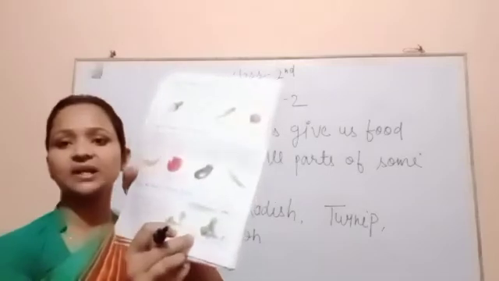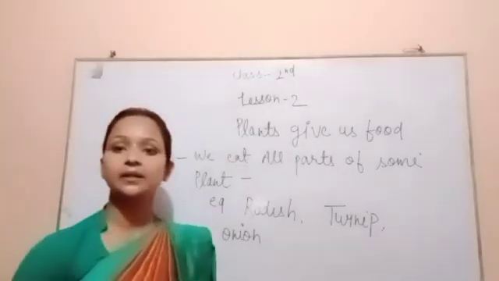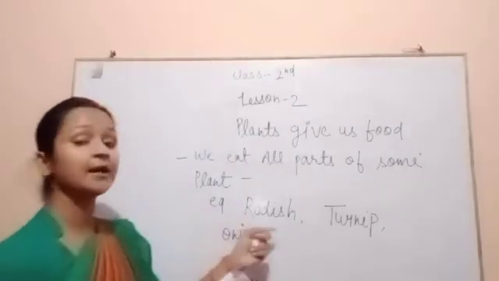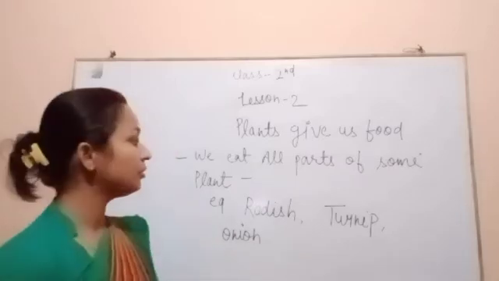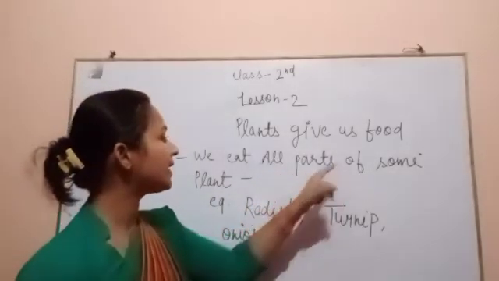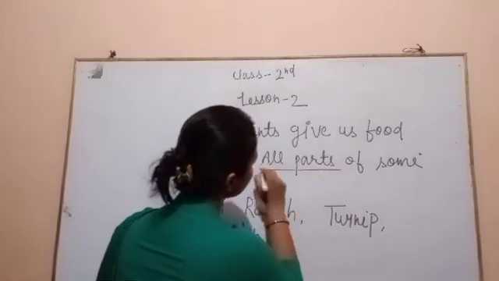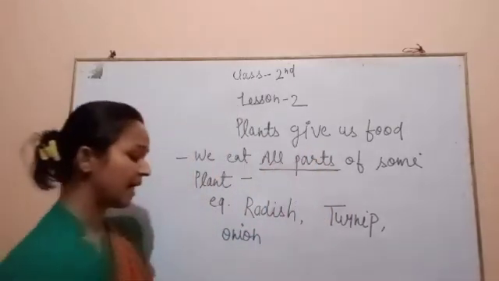It is given in the book downside, where you can see we are using the whole part of the plant. So this is we eat all parts of some plants.